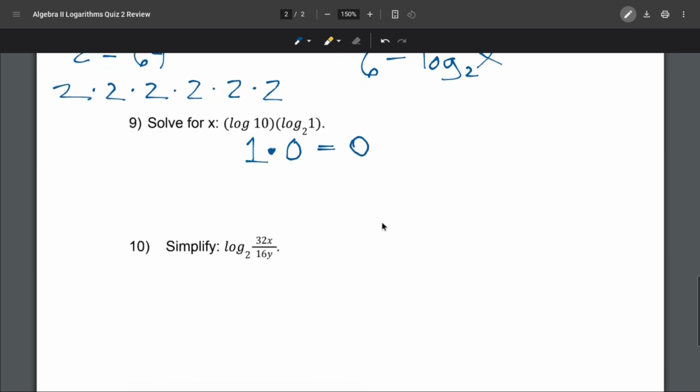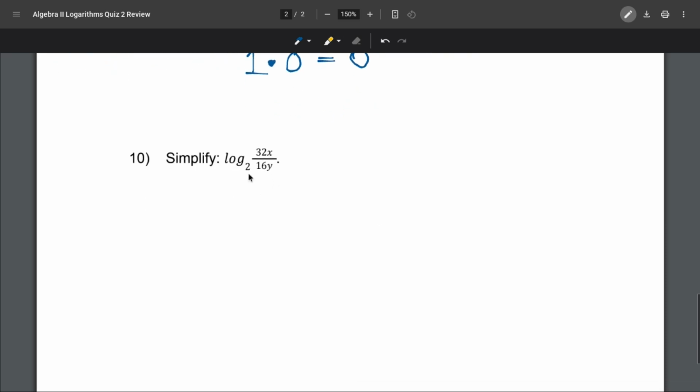All right, this final one, we're doing log base 2 of 32x divided by 16y. So we can break this apart via the quotient rule first. So I'm going to write this as log base 2 of 32x minus log base 2 of 16y. We're then going to break apart these products using the product rule.